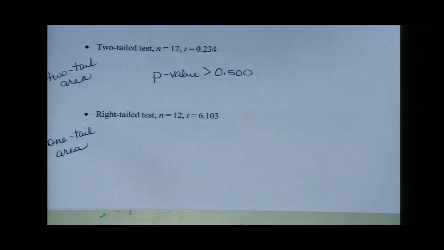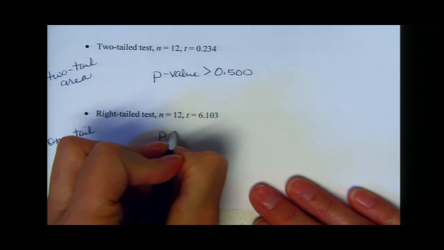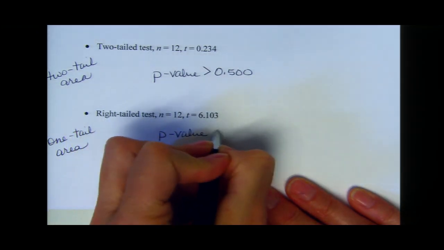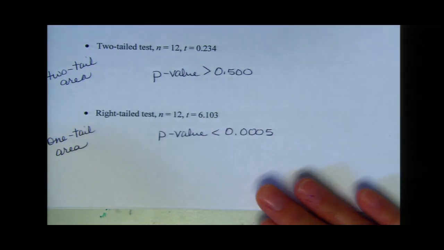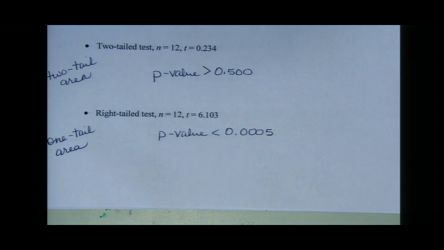So that would be written as the p-value is less than 0.0005. So that is a look at how the table works and the different scenarios that can occur. So now let's do an actual 5-step test.